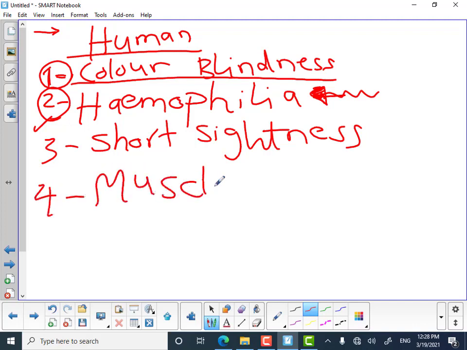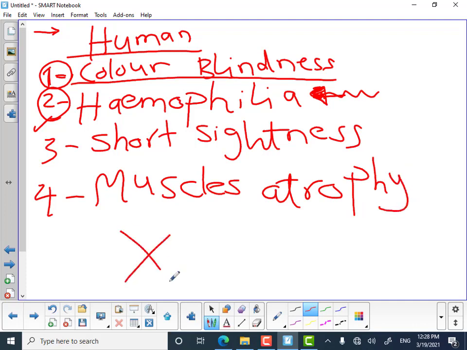All these diseases are found or carried on the sex chromosome of the human, carried on the X chromosome of the human, not X and Y, like we said later. All of these characters are recessive, found on the X chromosome.